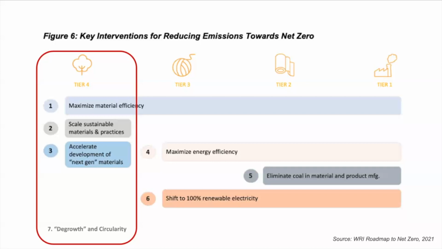And this is what we really focus on at Textile Exchange, the organization I work for now. A great example of this is rethinking the way that we do agriculture.